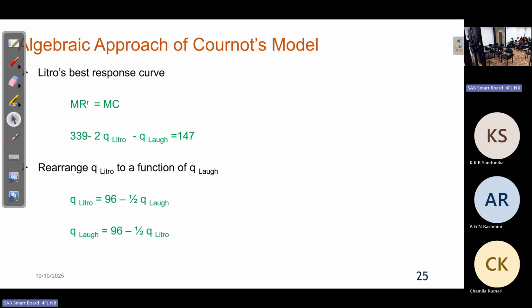P equals 339 minus (64 plus 64), both of the quantities. So the price will be 211.